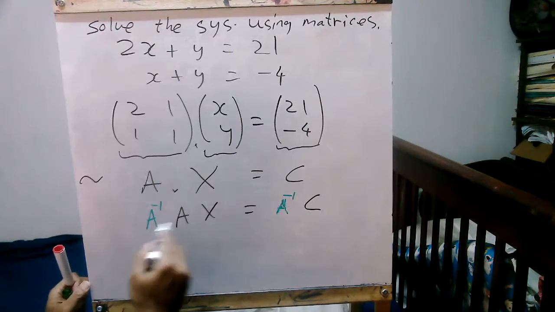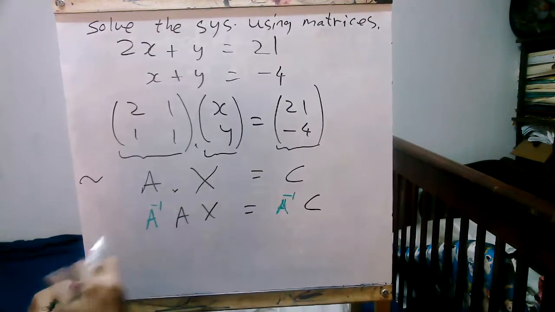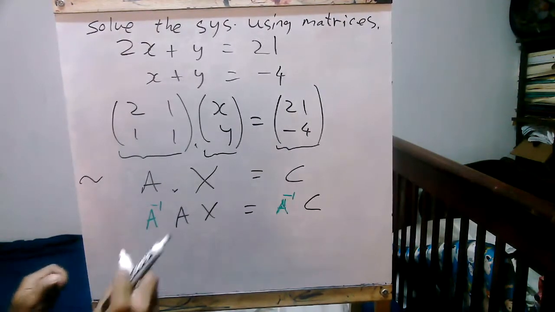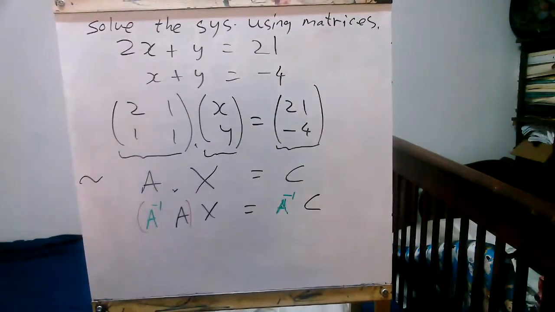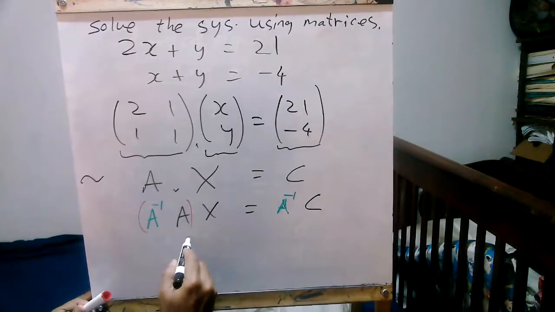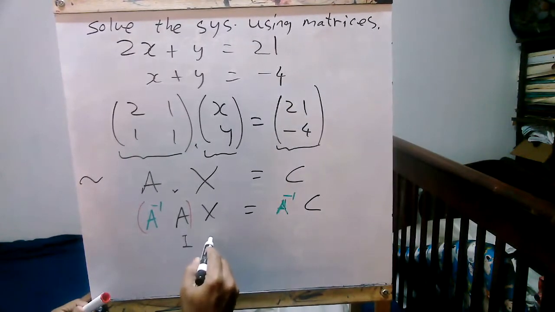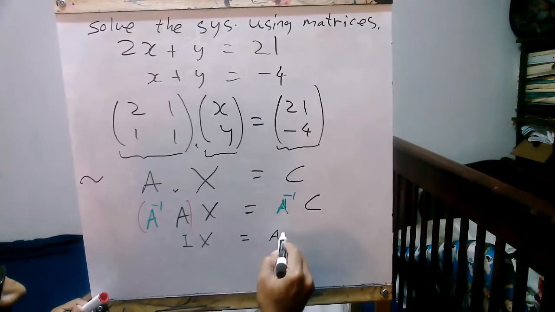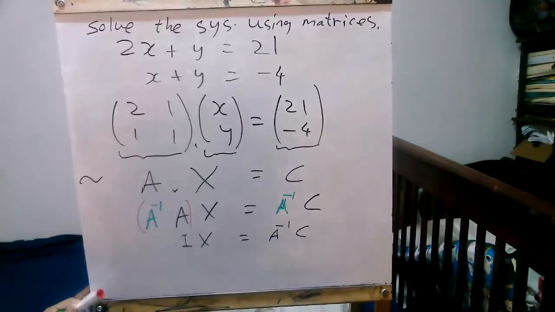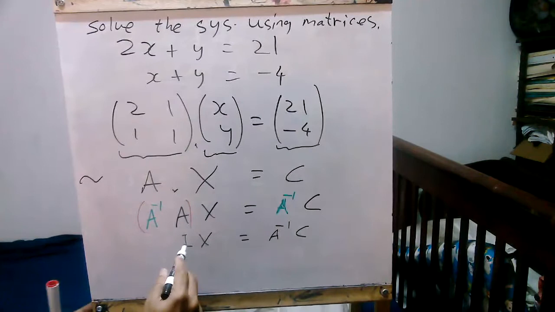Once we do that, we can get these two together. If you consider these two together, you get I times X equal to A inverse C. I is the identity matrix.